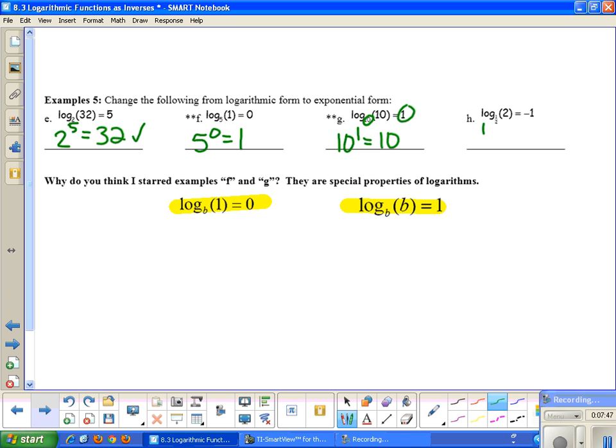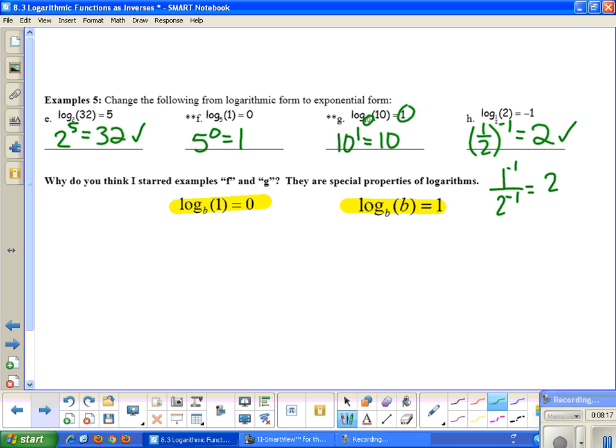And over here, my base is 1/2, so 1/2 to the negative 1 would be equal to a value of 2, because remember when we have negative exponents, that changes it from the numerator to the denominator or denominator to numerator. So this would really be 1 to negative 1 over 2 to negative 1, so that would switch everything. So this would really be equal to a value of 2. So that one checks out.